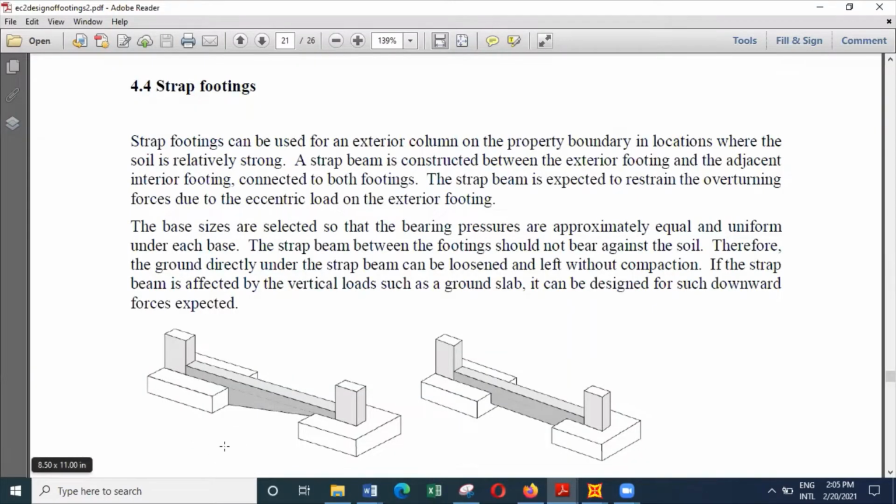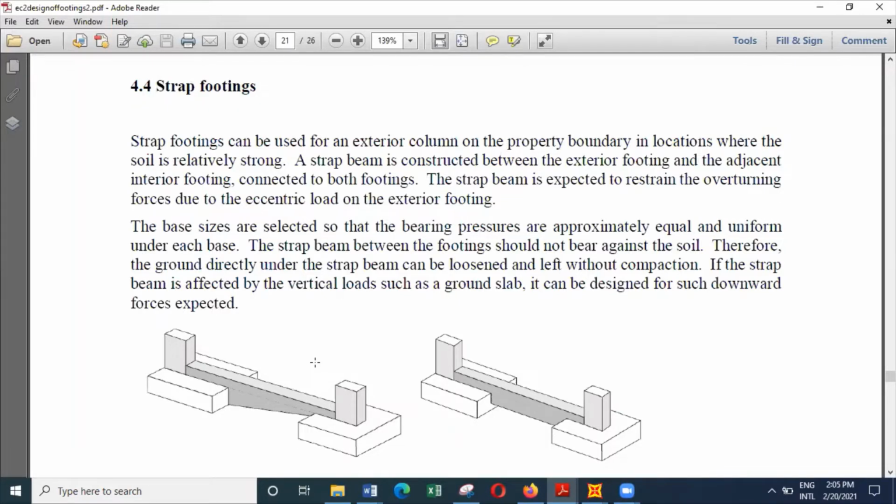So last time we discussed strap footings, and strap footings are used when you have an eccentrically loaded footing on the boundary, and we have an inner column which is more heavily loaded.